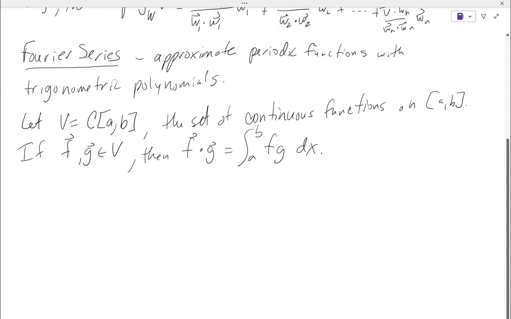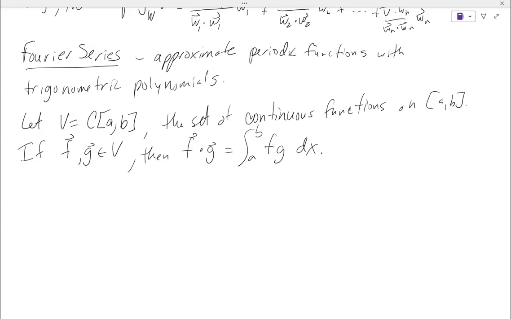So if our goal here is to approximate periodic functions with trig polynomials, the idea is that I want to create a subspace, a smaller piece, because not all continuous functions are periodic, right? Periodic means it repeats, correct? So not all continuous functions are periodic.